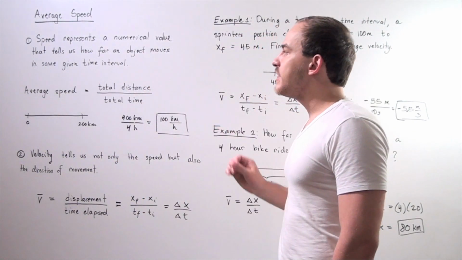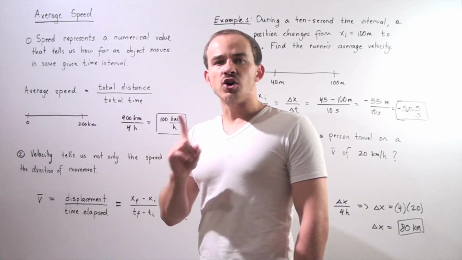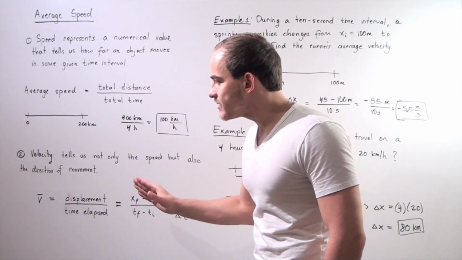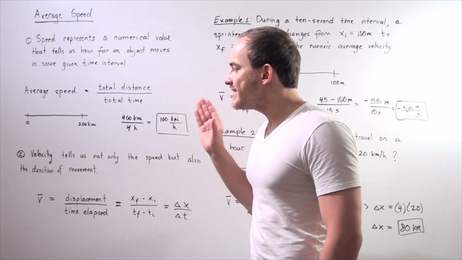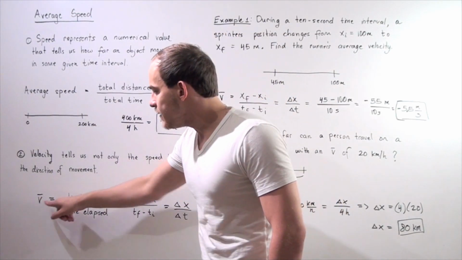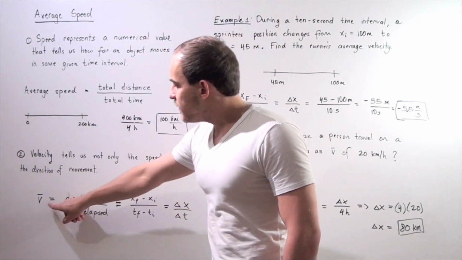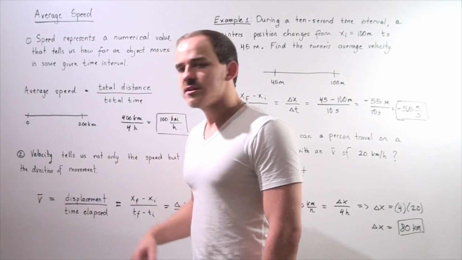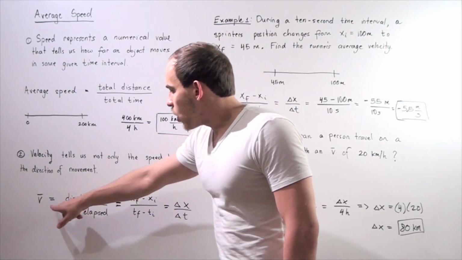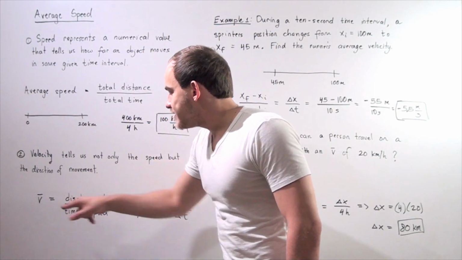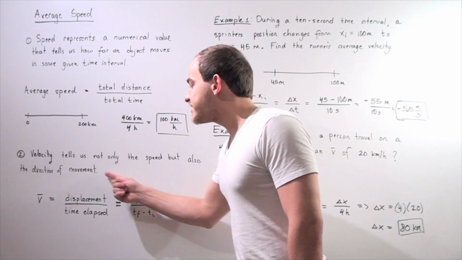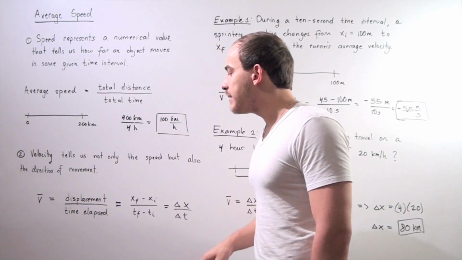Now, in the same way that we talk about average speed, we can also talk about average velocity. So average velocity is given by lowercase v with the bar on top. V stands for velocity, the bar stands for average. So average velocity is equal to displacement divided by time elapsed.